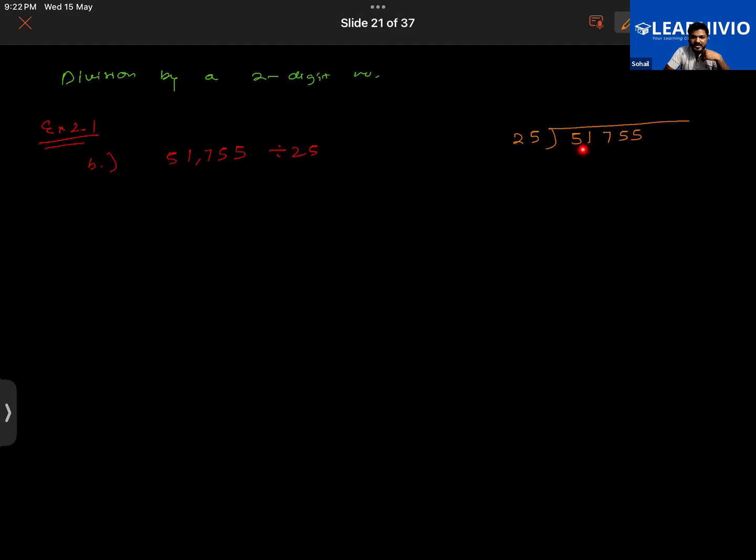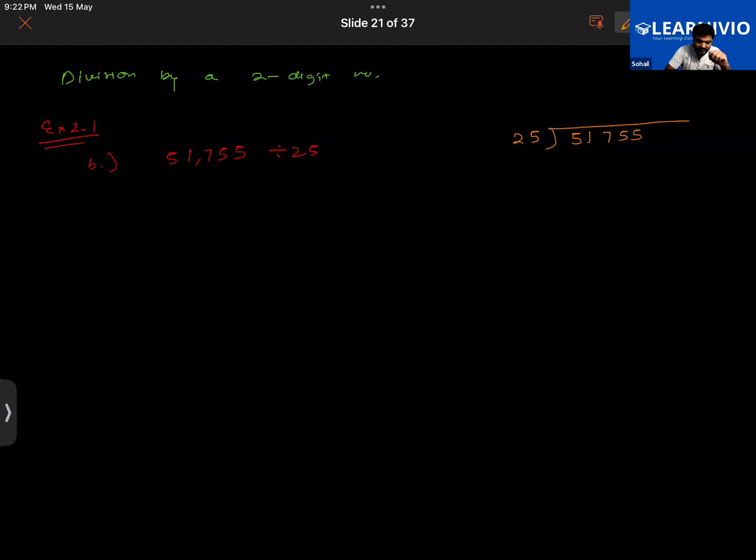Is 51 divisible by 25, or will you get a number close to 51? We don't get the exact number 51, but a number close to it, lesser than it, not more. Yes, it has to be lesser than or equal to it.